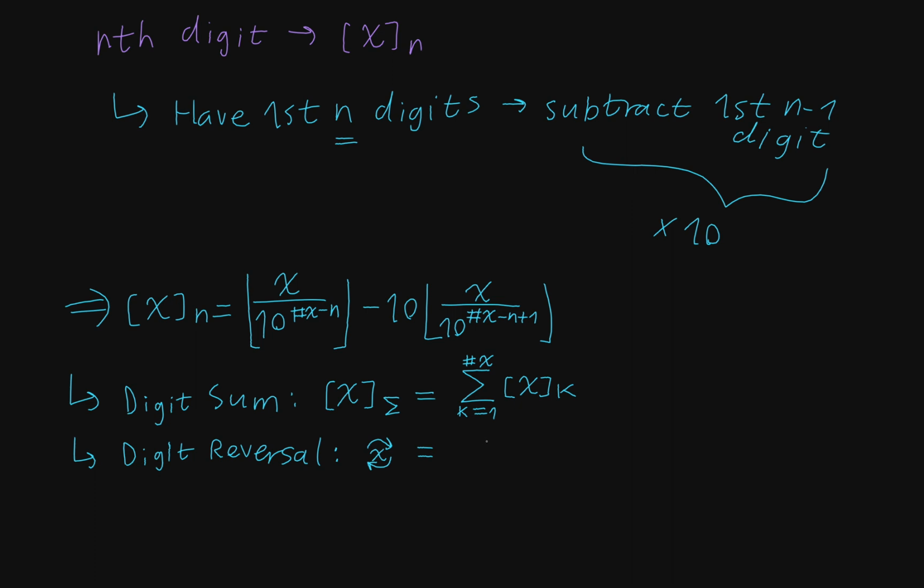So this is basically going to be the sum, k equals from 1 to the digit count of x, of 10 to the k minus 1 times the kth digit of x, right? So you start with the first digit, that's normally supposed to be the highest, but then you have the lowest power of 10, and it goes onwards like that.